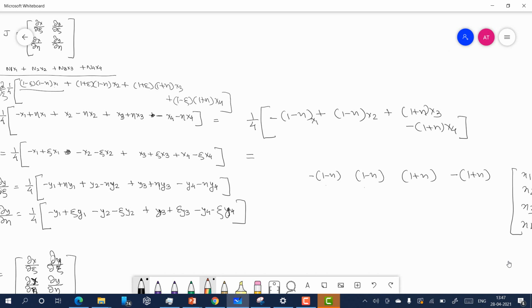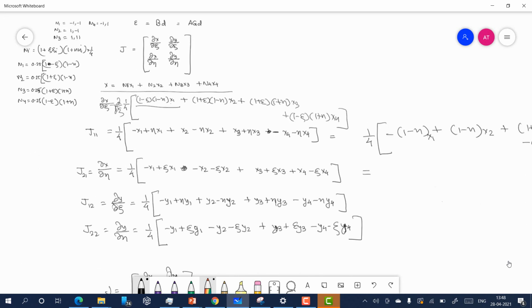But what can I do? I will have to write it in such a way. So then my Jacobian, I will not have J11 and all. So let us keep it this way without much botheration.